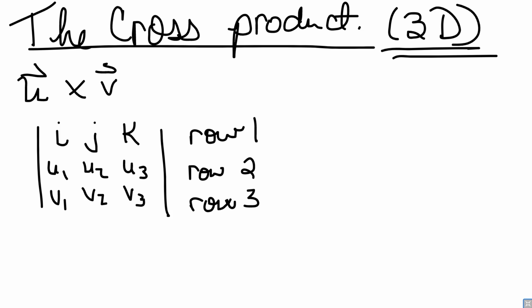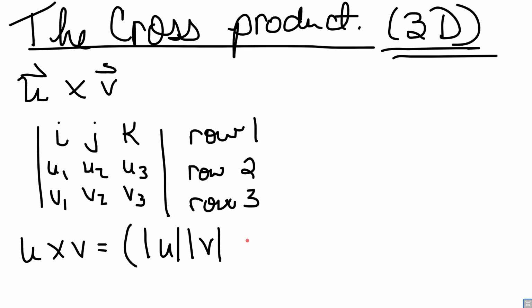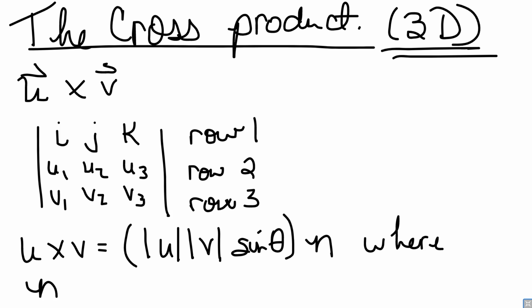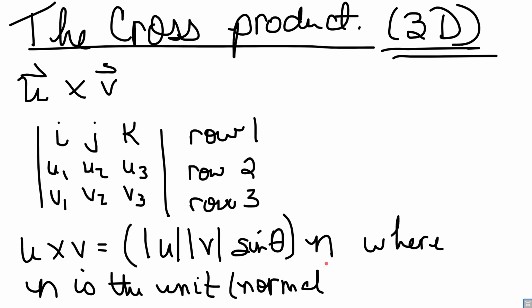As far as the notes are concerned, we have a definition that says that if I take the cross product of u and v, this is going to be equal to the magnitude of vector u times the magnitude of vector v times the sine of theta times n, where n is the unit or normal vector.